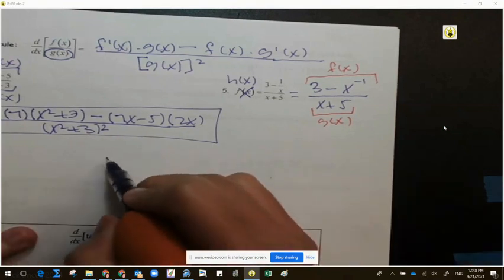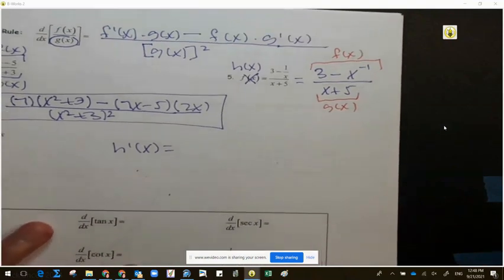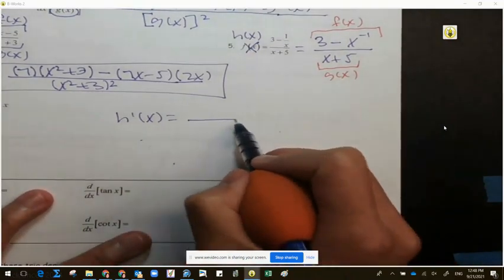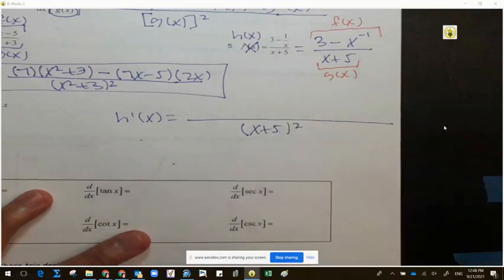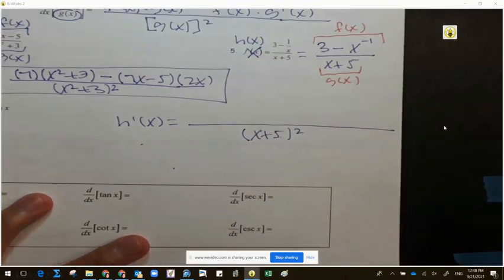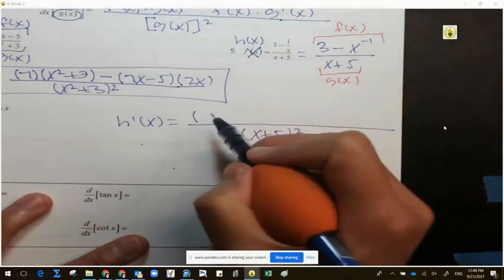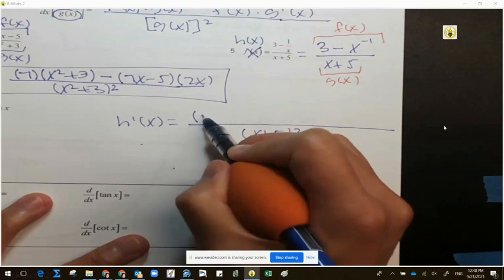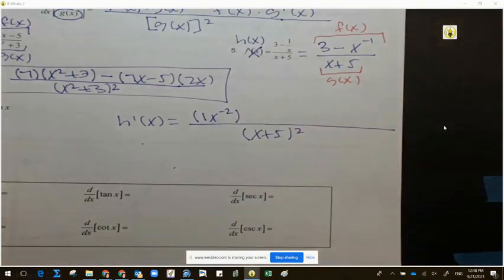So here we go. We have h of x, or h prime of x. So let's go to our denominator and automatically do what? Square it. On my top, we are going to derive the negative x to negative 1. How many is that? Just 1x to negative 2? If you don't want to write the 1, that's fine.